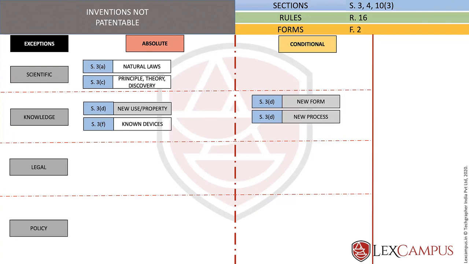Now, this unless is the key to understand that this is not absolute. It's conditional. So what is the condition here? Unless such known process results in a new product. So you use a known process and get a new product. Yes, you got over the hurdle. You cross the bar, you will be granted a patent.